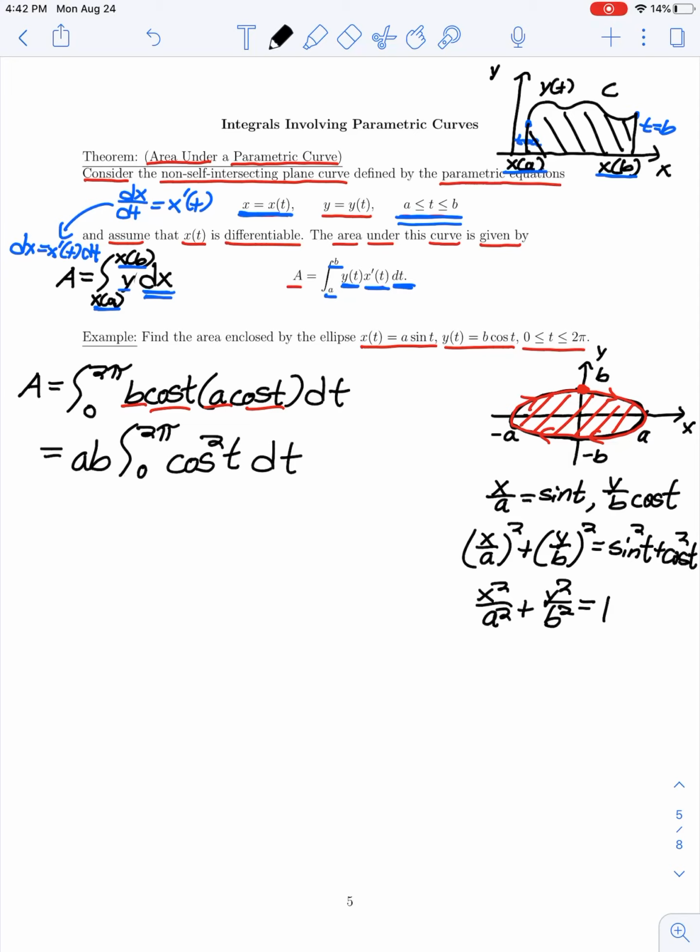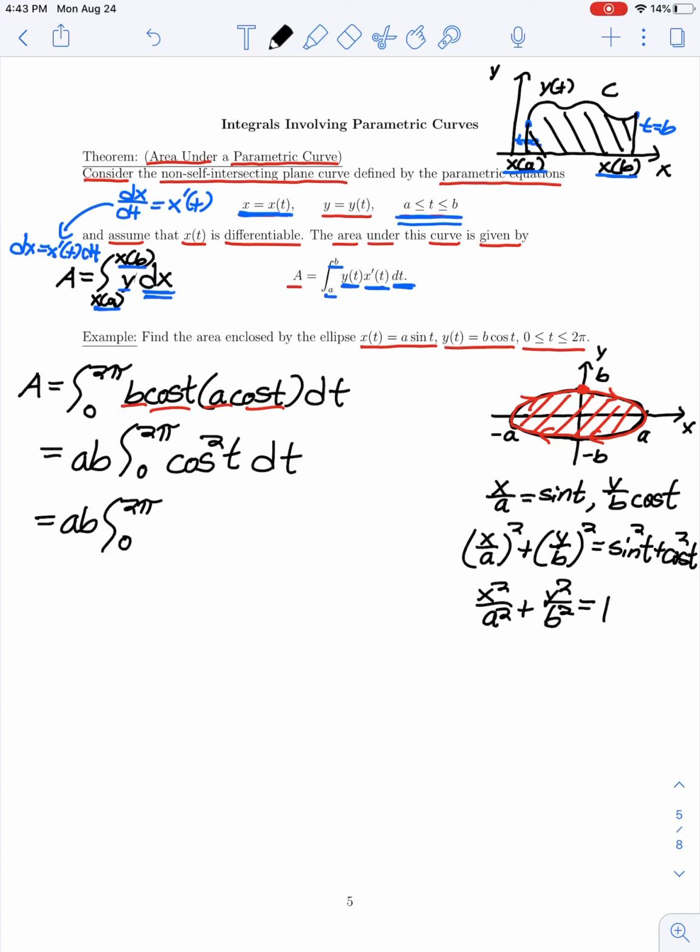Now we need to think back to some Calculus 2 material on techniques of integration. If we're trying to integrate even powers of sine or cosine, we can make use of a trig identity. In this case, a double angle or half angle identity.